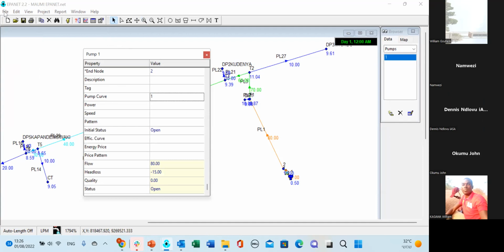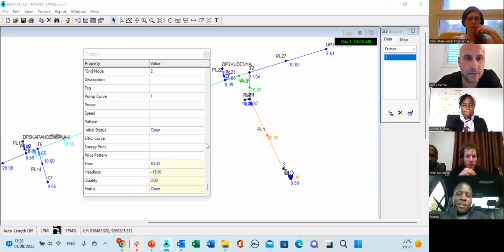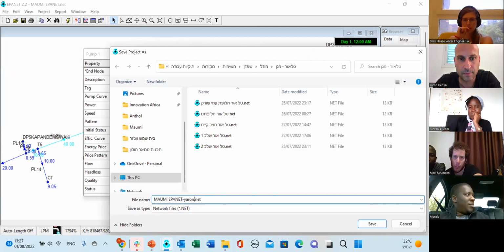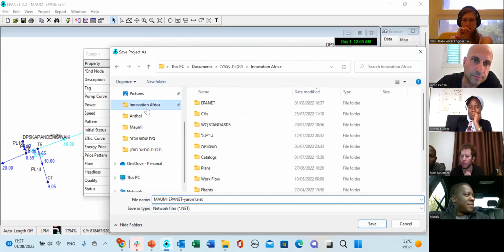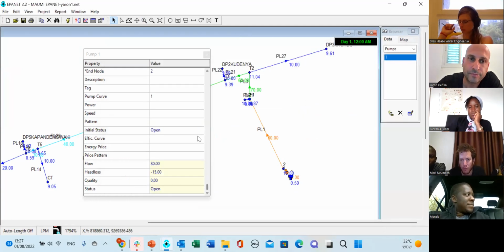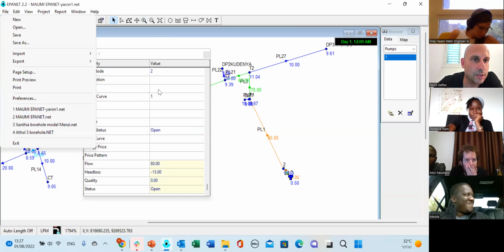Yes. Let me just save it under another name so we can go back to the original design. So let's open the original design.